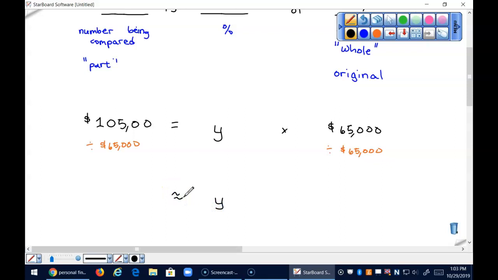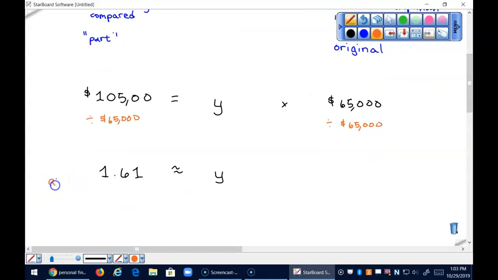So it's worth 161% of what it originally was. I moved my decimal wrong.